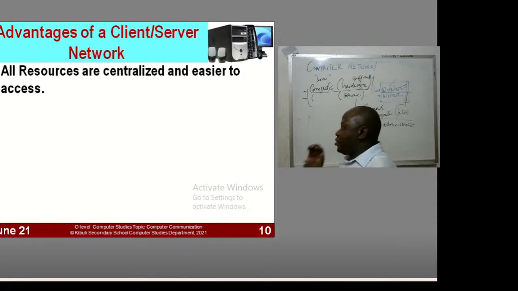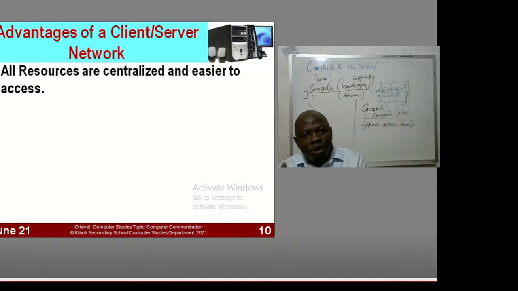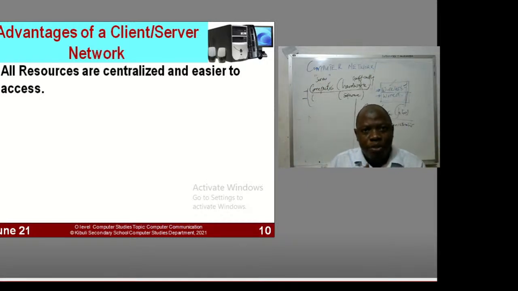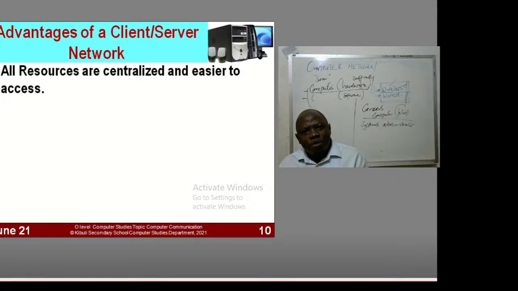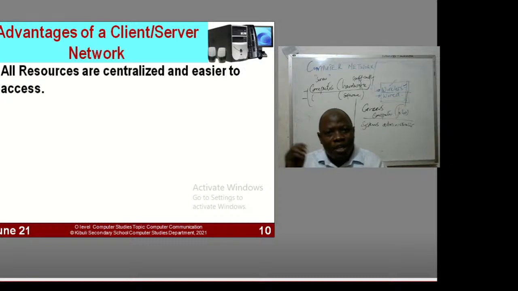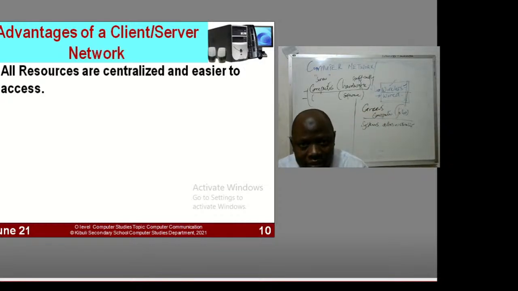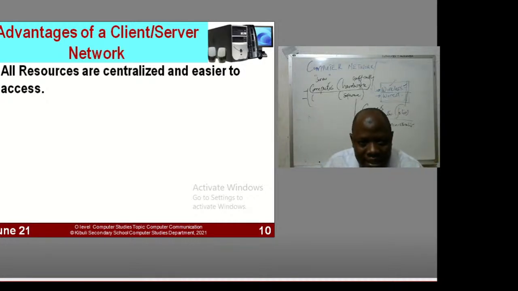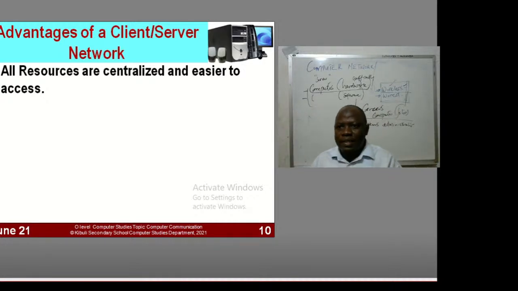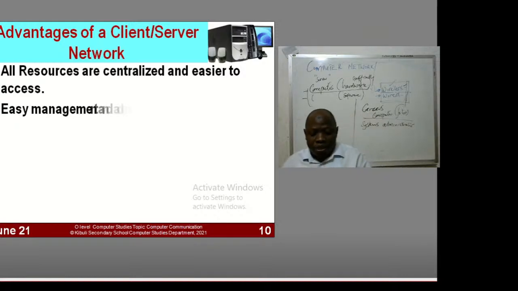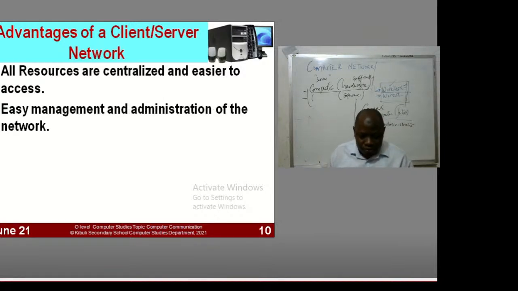That all the resources you need in an organization, like I told you, that database on which all your information, when you come in school, you have to see the systems administrator. Why? Because all your information has to be captured into the computer. And when it is captured into the computer, it is centralized. So all your information is there such that whoever wants to access, and that person who wants to access must be authorized, can access the information in that computer. So that is number 1.